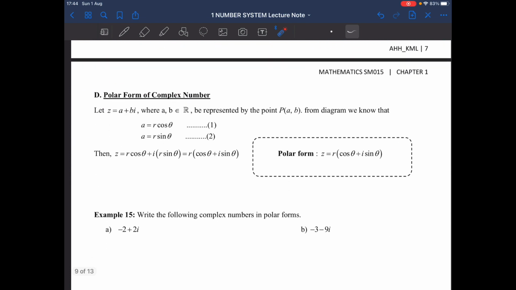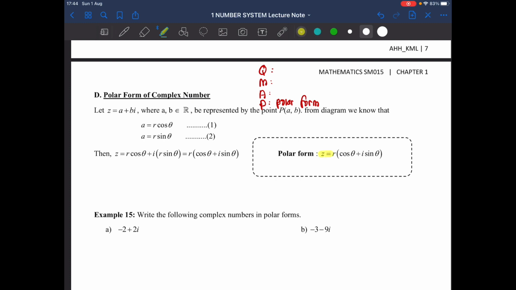So basically it's the same thing, we will still apply the quadrant, M which is the modulus, and A the argument. Only we're going to add a new step which is P. What is P? Polar form. So what we did before, we will do the same. We just add one more step which is polar form. So what is polar form? This one.